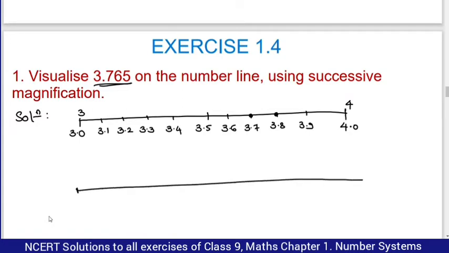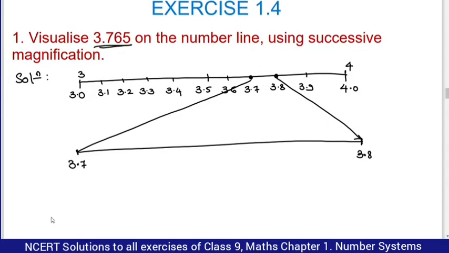Again draw a line from 3.7 to 3.8. And make smaller divisions.